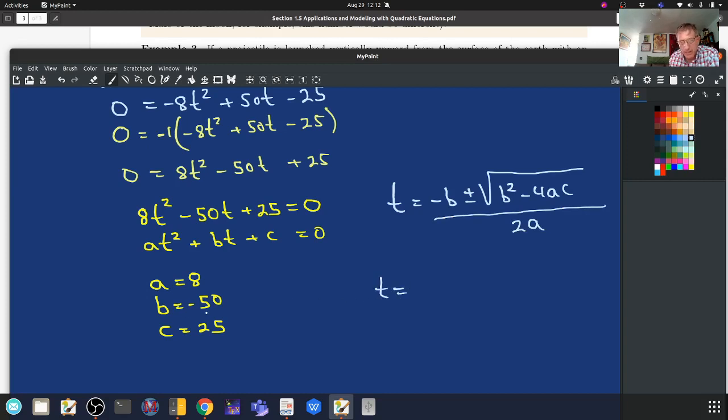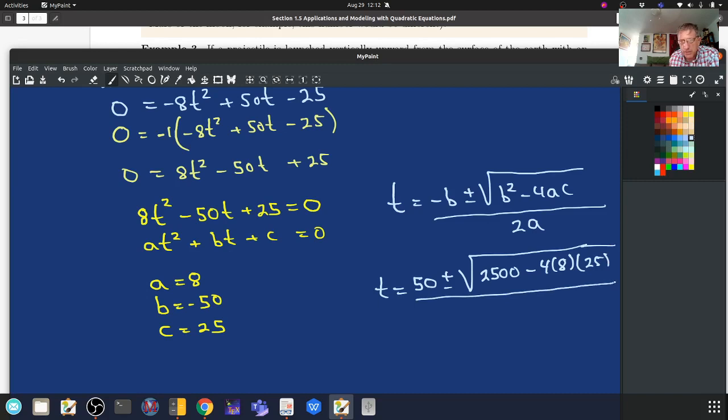So b is minus 50, so minus minus 50 is 50, plus or minus the square root of b squared, so minus 50 times minus 50 is 2,500, minus 4 times 8 times 25.